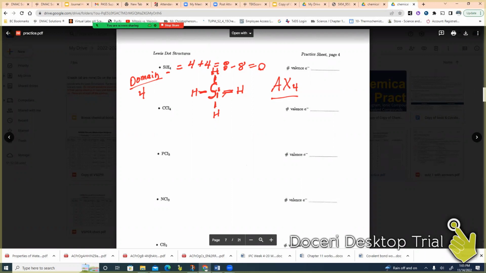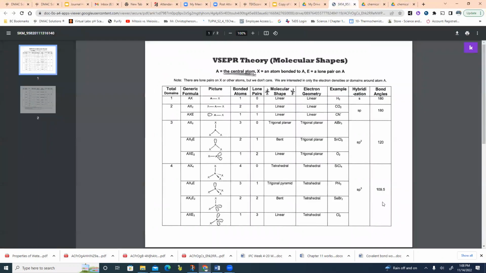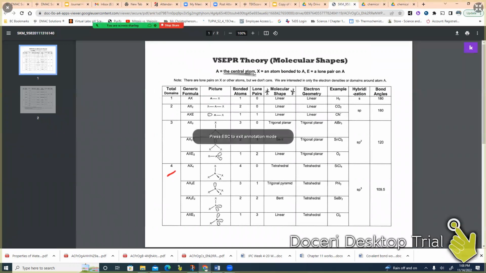Remember, you're going to come over and read the shape here where it says molecular geometry. So if you had trouble finding that, if you look on here, our first thing we said was that there were 4 domains. So that got me to that section. And then I would have needed to go through these. It was the very first one. So then I came over and I read that shape, and that would be the molecular shape of that molecule.